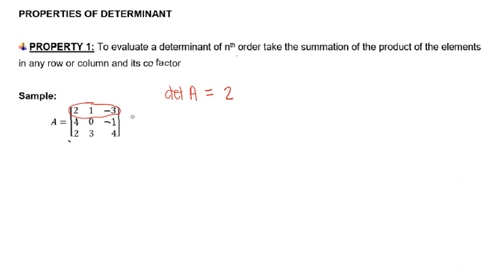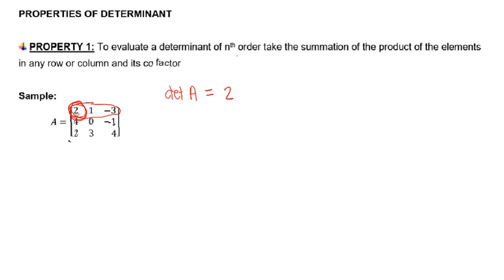So 2 is our first element. Our first coefficient is the element in the first row, and it is located in first row and first column.